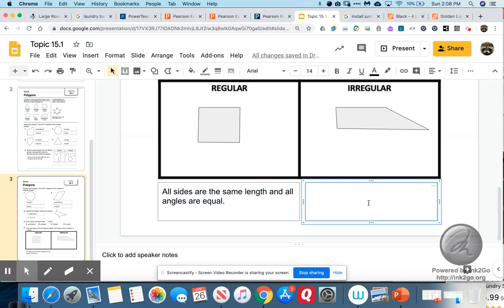And this is irregular because sides are not the same length and the angles are not equal. Okay, so there's lesson 15.1, polygons.